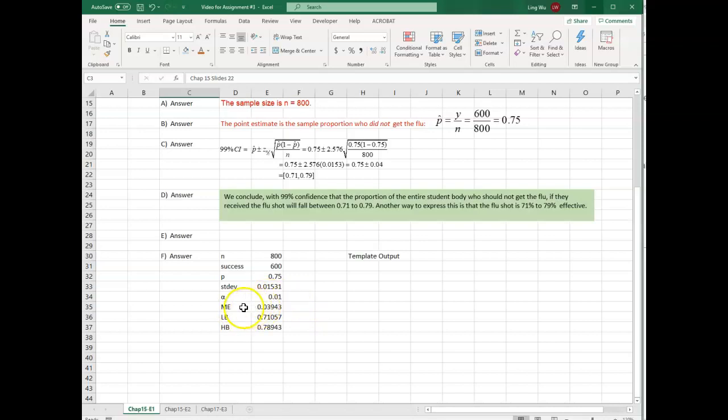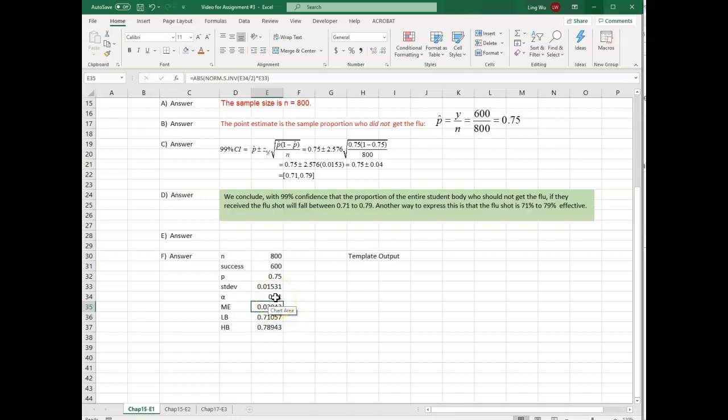Then there's the margin of error. Remember, the margin of error is basically this portion. Excel has a function to calculate this value. We just use NORM.S.INV. The 0.01 is our alpha level.